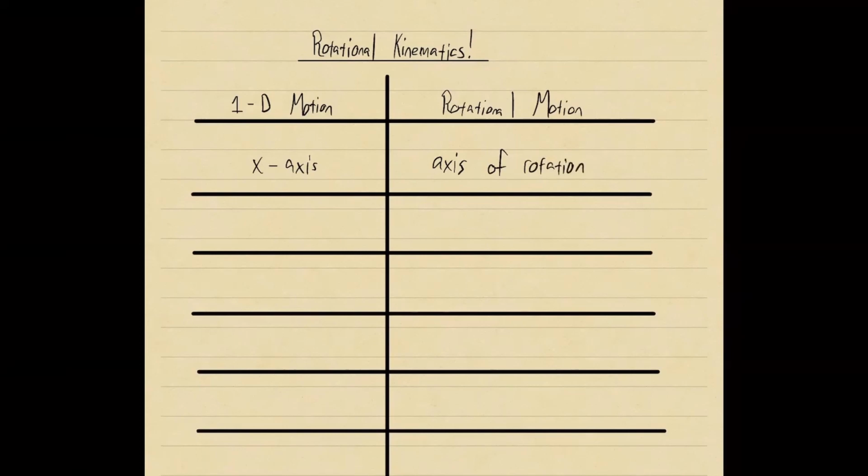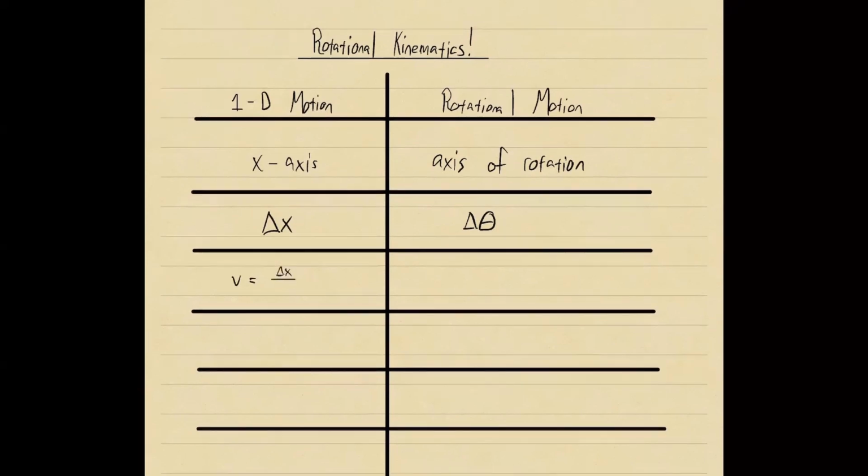Our displacement in the x direction, the rotational analog of that is our angular displacement. So instead of saying how far we've gone in the x direction, now we're saying how far we've gone around our axis of rotation. We also said that the velocity of an object is just the displacement in the x direction divided by the elapsed time, delta t.